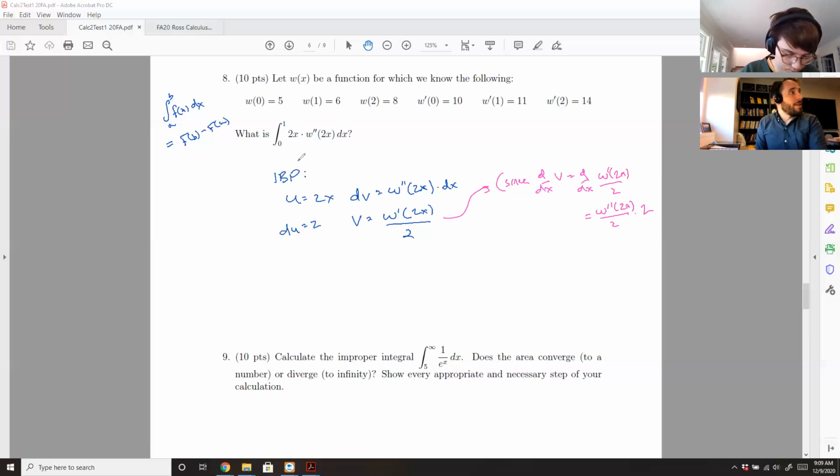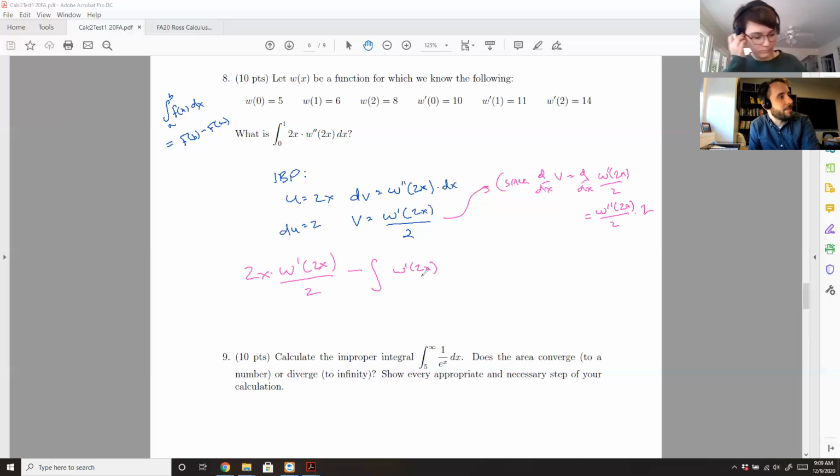Okay, so according to integration by parts then, our original expression becomes u times v, so that's 2x times w prime of 2x over 2, minus the integral of v du, so that's w prime of 2x over 2 times 2 dx.